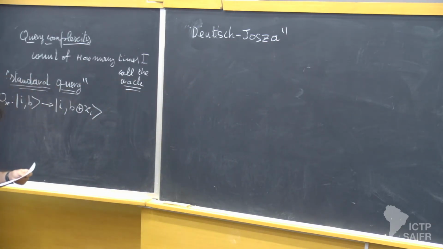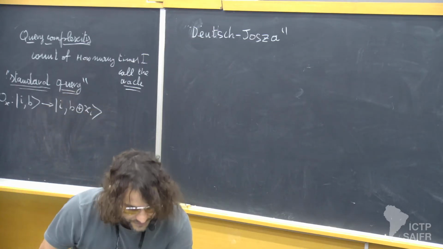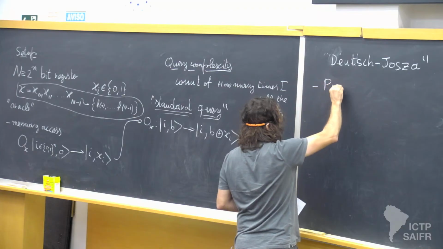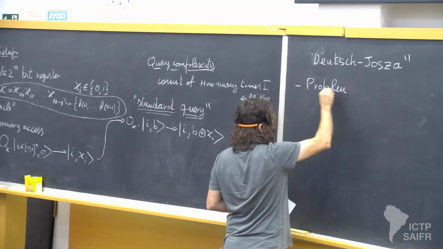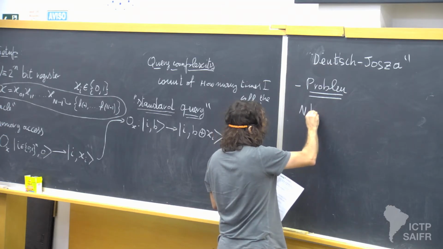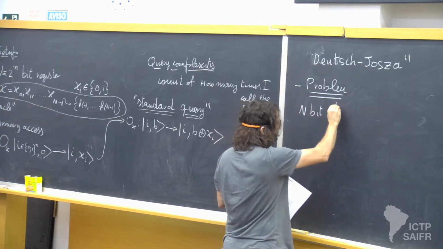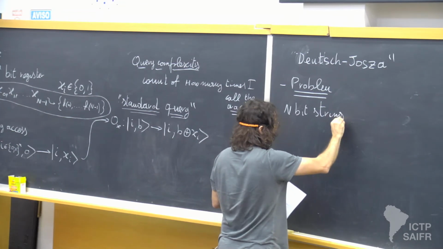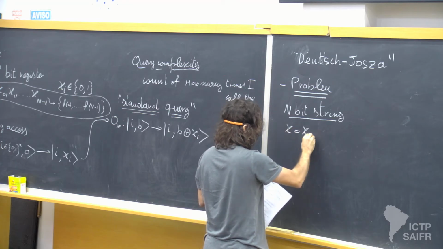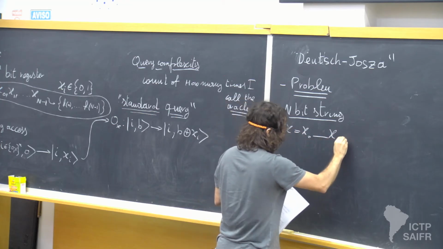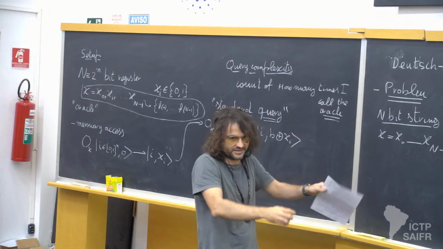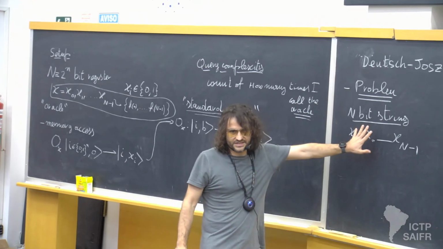Okay, so let's see the problem. We have an n-bit string x equal to x0, ..., xn minus 1, that you might think you have a circuit that implements this function with this output.